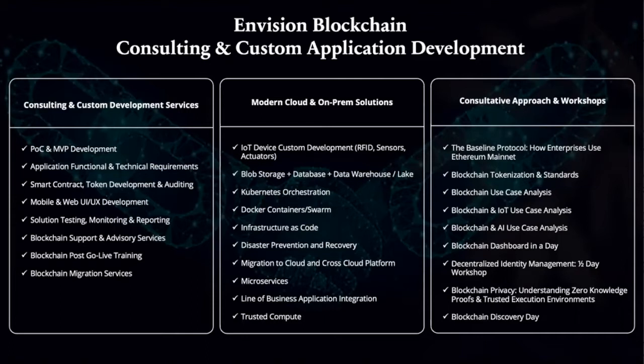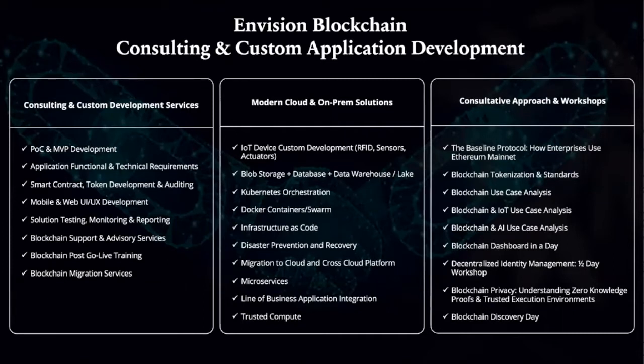Just to help you understand who Envision Blockchain is, it'll give you a little more context into this presentation. We are a consulting and custom application development organization. We help companies, from left to right, with development from proofs of concept all the way through MVP build-outs and different types of rollouts.